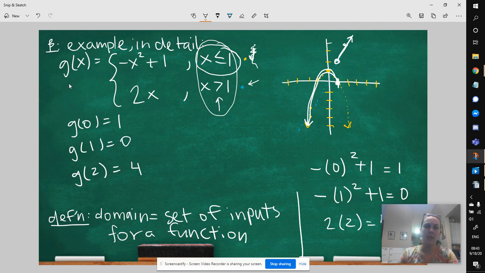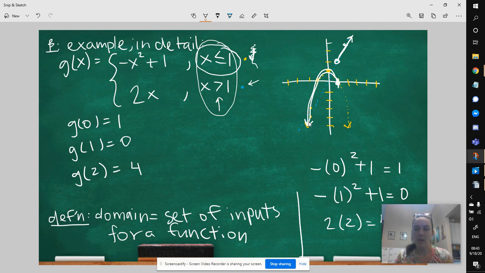Okay, so an example in detail, we've got g of x, where the first subfunction is negative x squared plus 1, and we're only doing negative x squared plus 1 when x is smaller than 1, right? And the second subfunction is 2x, but we're only doing 2x as the function when x is bigger than 1. Cool. So again, I graphed these in yellow and blue.